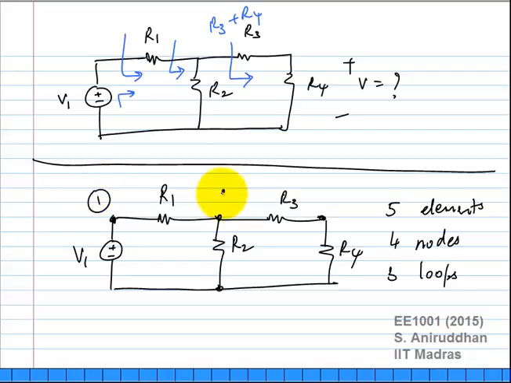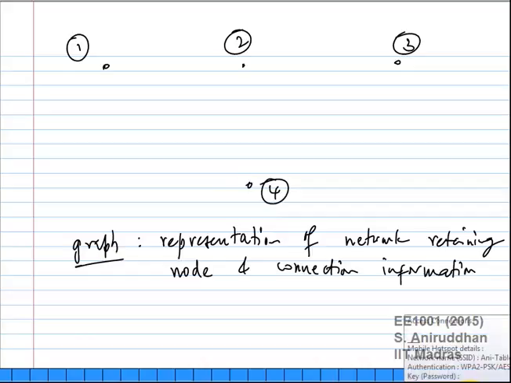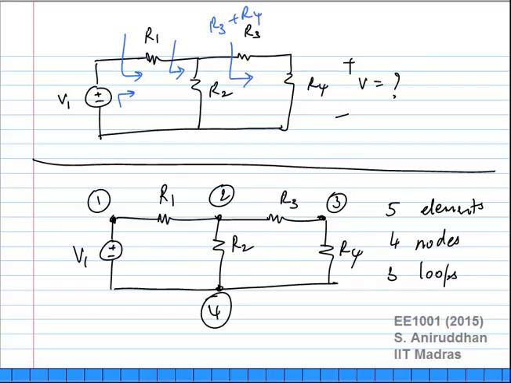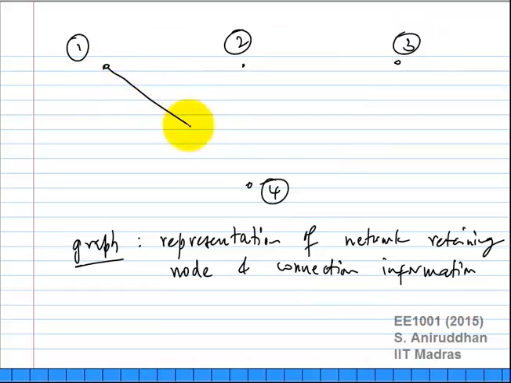I have 4 nodes, so I'm going to take 1, 2, 3, 4. Now I need to draw a graph representing the circuit. What do I have? I have V1 between 1 and 4. Very good. So I'll make that connection like this. I have R1 between 1 and 2. I'll make that like this.